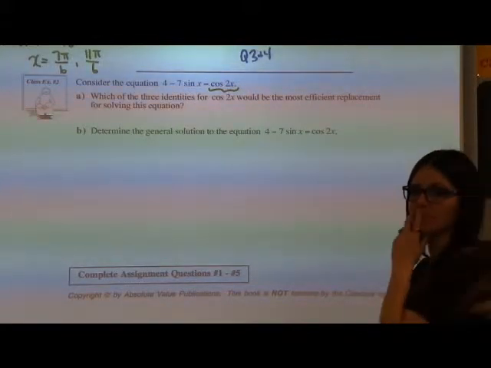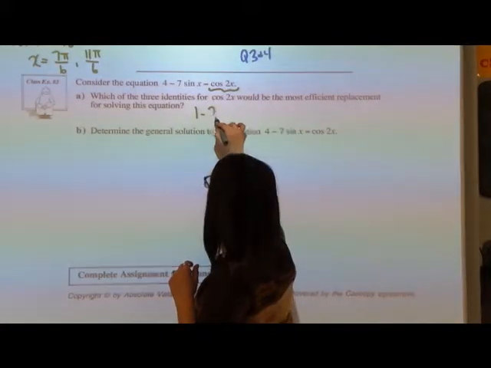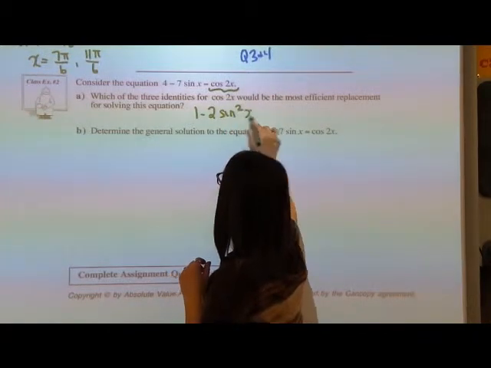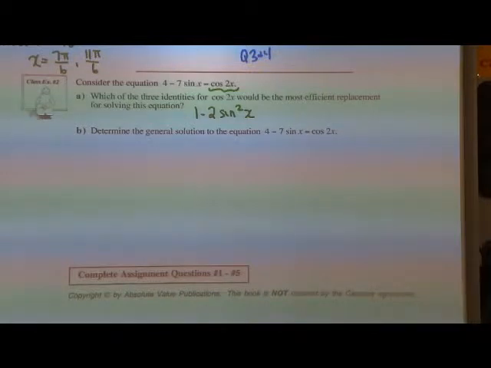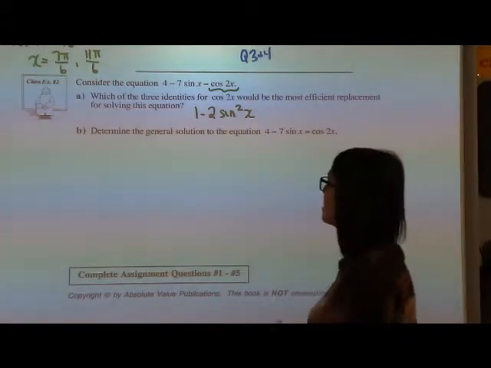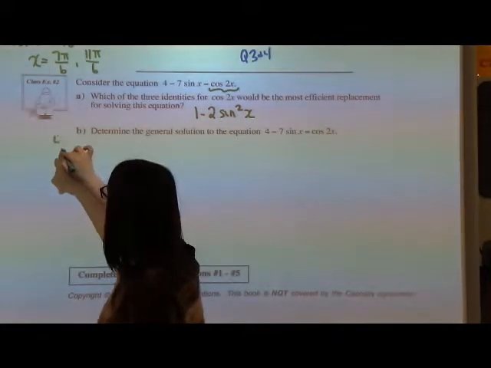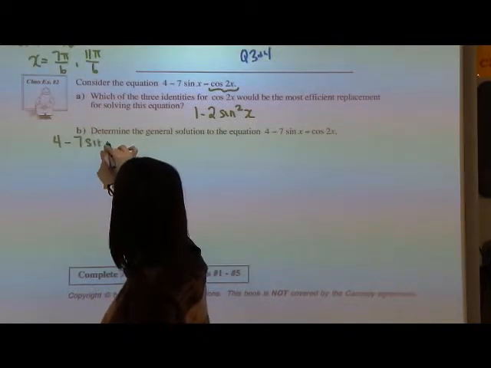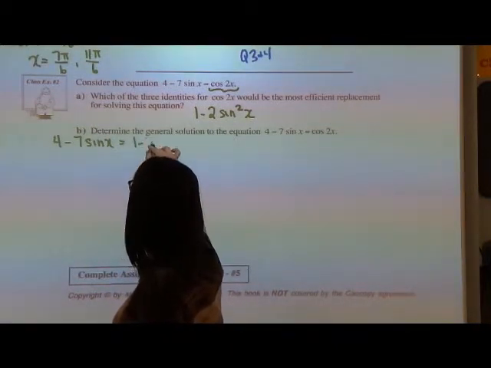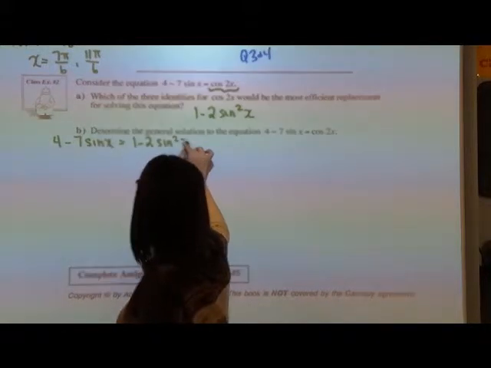Maybe the 1 minus 2 sin squared. And why would I want to choose that one? Because it's kind of in the same form as the other side. Because now I have sines, right? Whereas the other two forms of the cos 2x have a cos in there, and that's just going to bring in another step, okay? So this is the most efficient. So I get 4 minus 7 sin x equals 1 minus 2 sin squared x.